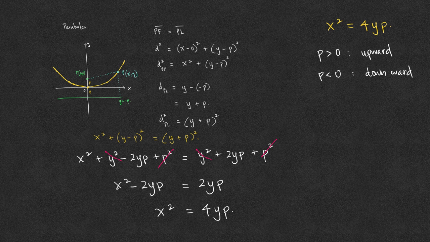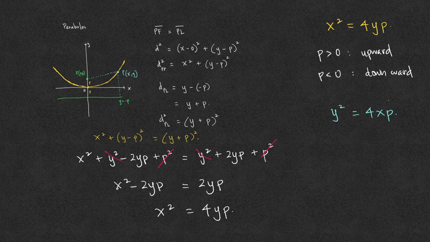If we were to interchange the roles of x and y to obtain y squared equals 4xp, then this parabola is now reflected about the line y equals x. Instead of opening upward, if we interchange x and y, then the parabola now opens to the right.